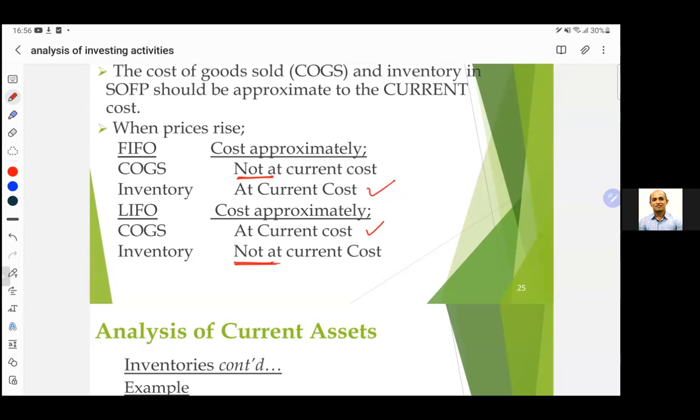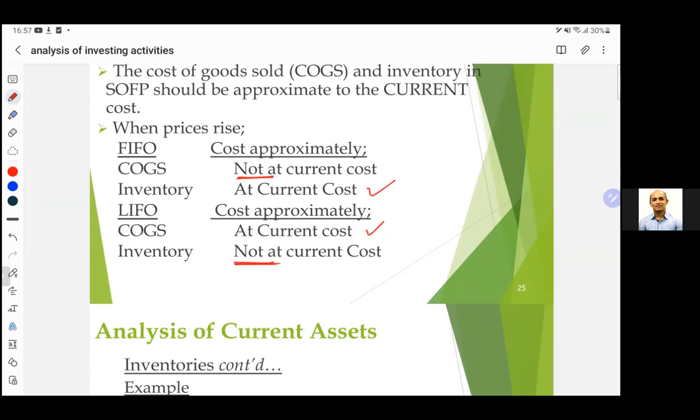So we'll see how these costing methods impact the financial statements, and which costing method is suitable for our analysis. If your company follows FIFO, you see inventory at current cost, but cost of sales at old cost.